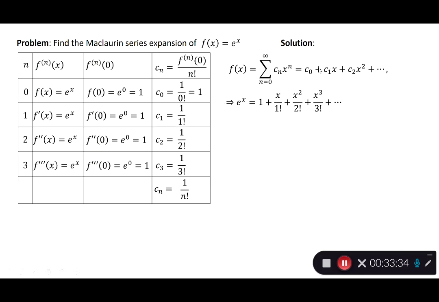Plus, replace the c sub 1 with what we found it to be, 1 over 1 factorial. So 1 over 1 factorial times x, or x over 1 factorial. C sub 2 is 1 over 2 factorial. Be sure to plug that in. 1 over 2 factorial times x squared. You must write this thing.